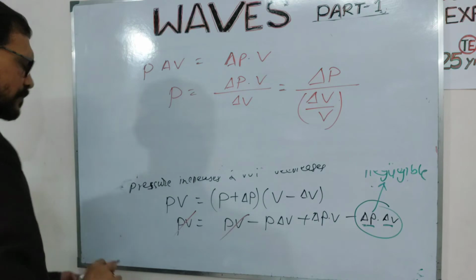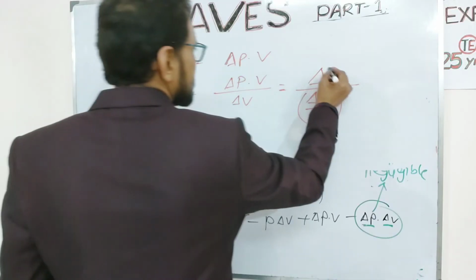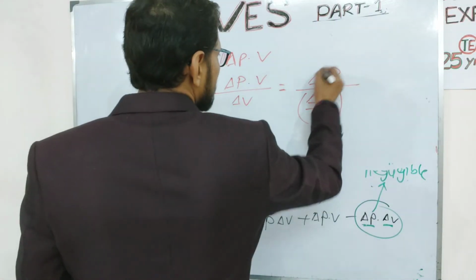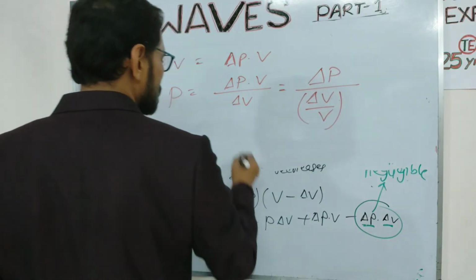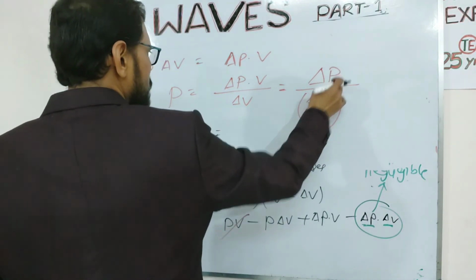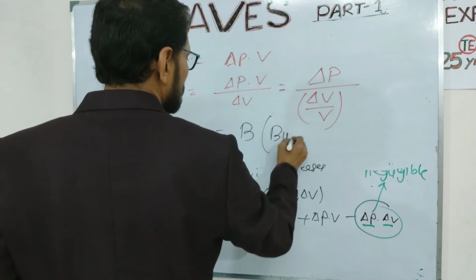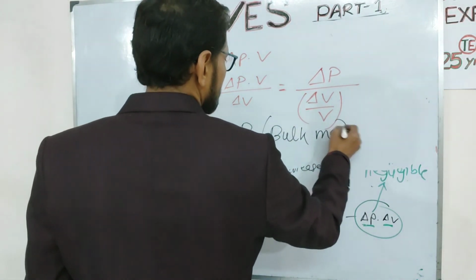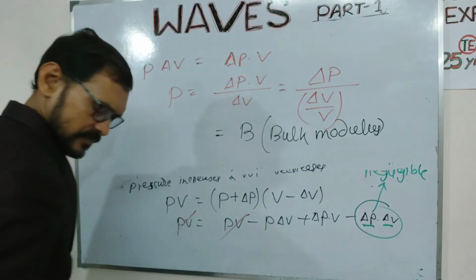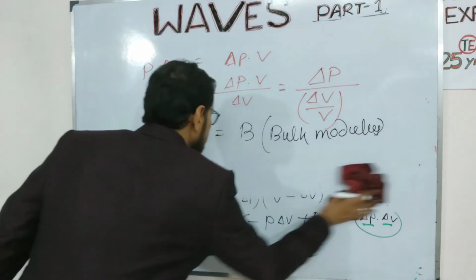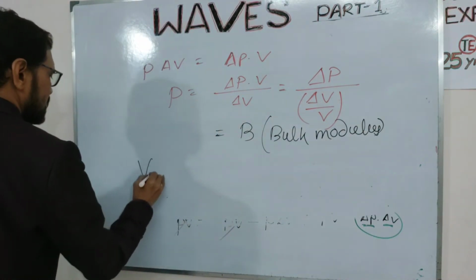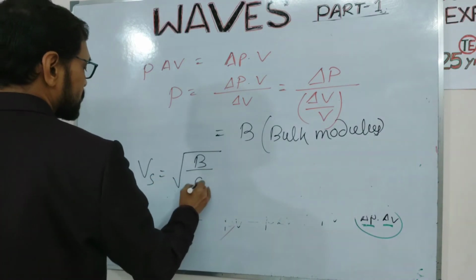Now what is this expression? Del P is the excess pressure and this is volume strain. Volume stress by volume strain is denoted by B. B is the bulk modulus. So velocity of sound in air will be root over bulk modulus by density.